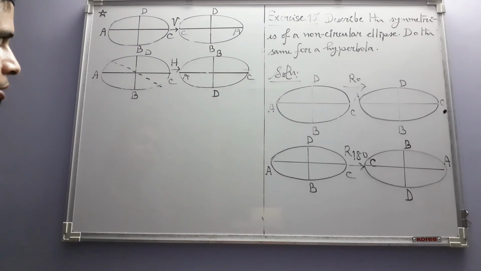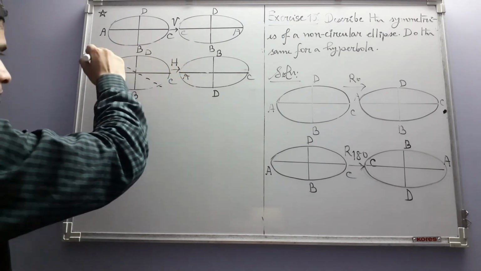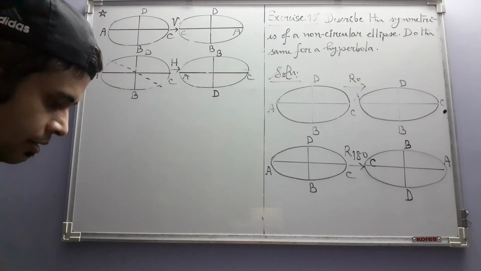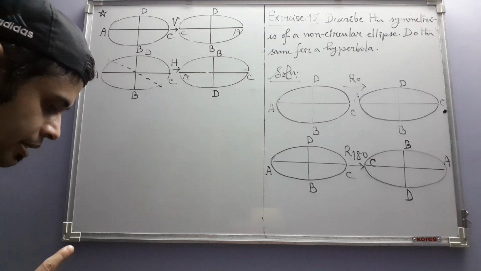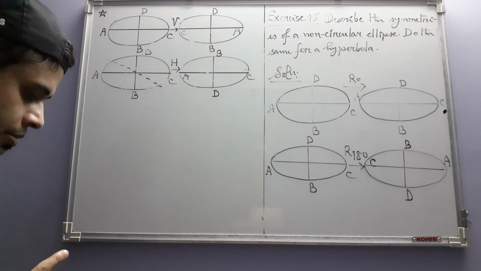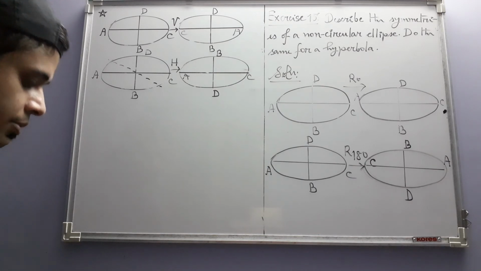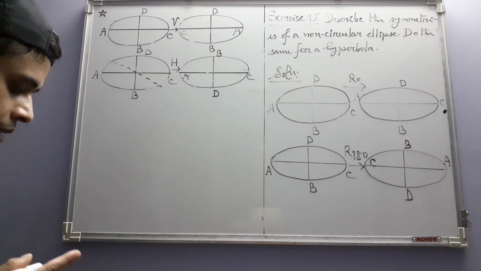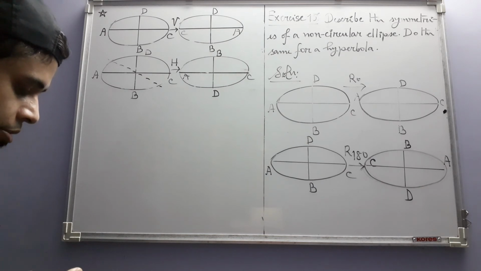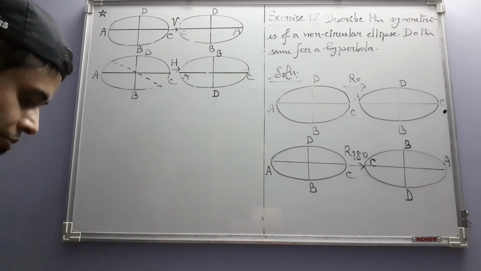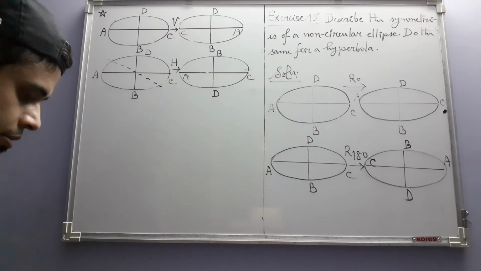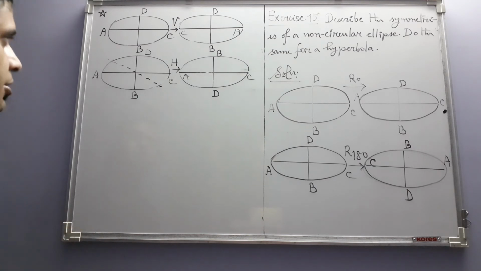Now that will also not give us anything, because after all we will have a rectangle, and if that gave us an axis of symmetry for the ellipse, then that also would have given us an axis of symmetry for the rectangle, that is the circumscribing rectangle.